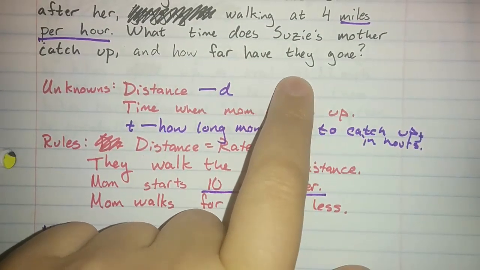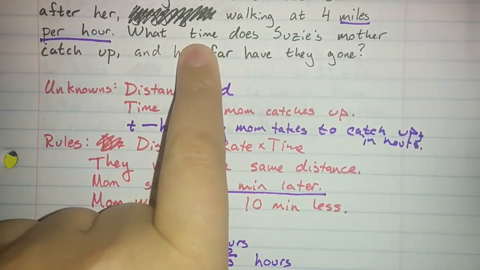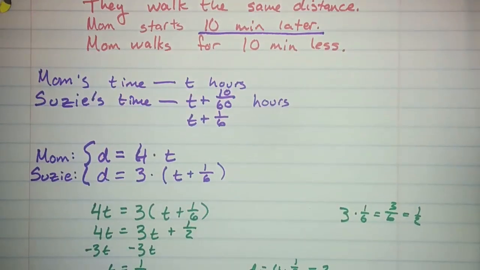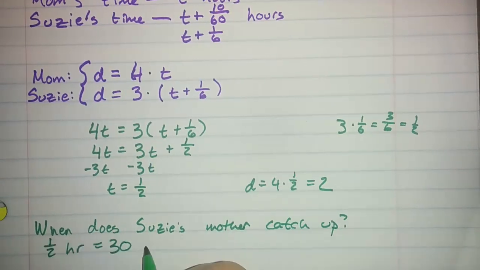I think I'm ready to answer. I'm ready to say how far have they gone. I'm not quite ready to say what time Susie's mother catches up. All right, so let's see. T is 1/2. That's a half hour, which is 30 minutes.